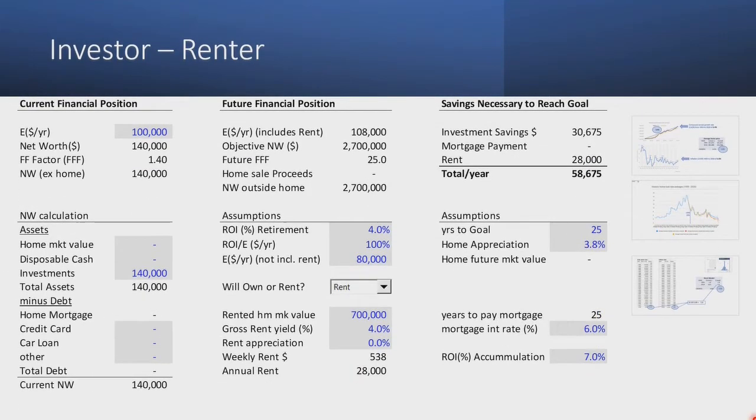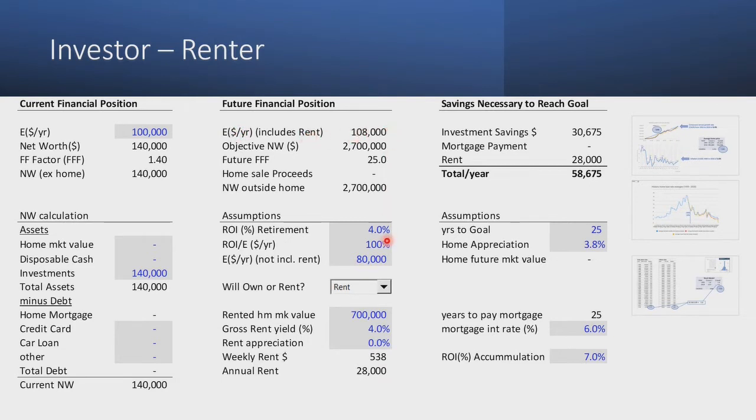So let's move to this example of an investor renter, where the only difference between the previous one and this one is that I have selected rent here. So I have included different variables to calculate the rent, the weekly rent and the annual rent. And this gives us expenses, including rent, of 108,000.